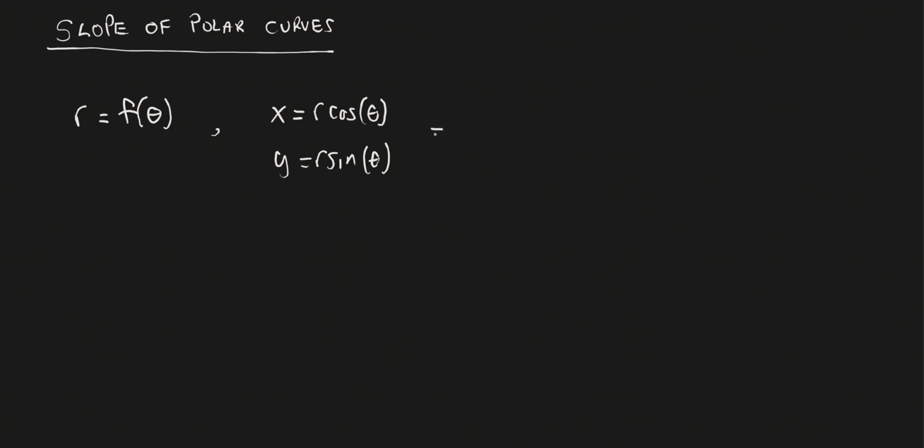So then taking this further, since I have an equation where I can replace r with this function of theta, here are the parametric equations for the same polar curve. Just replace each r with f of theta.